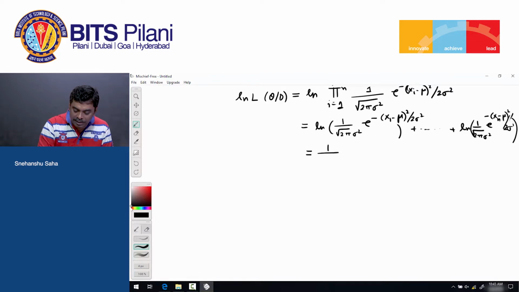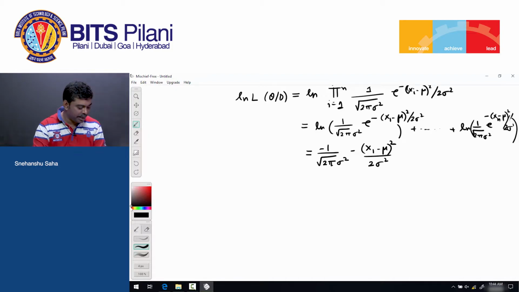So what will happen is, I'll have this thing and just minus, there will be a minus as well, (x1 minus mu) square by 2 sigma square and so on, and this will continue. Okay, sorry, this will be ln of this.